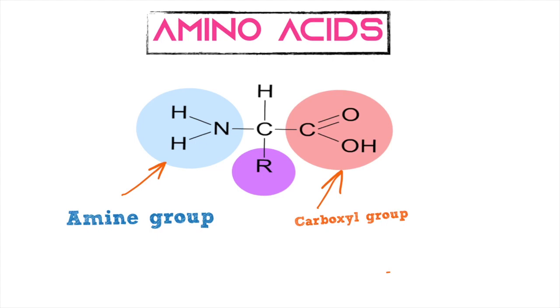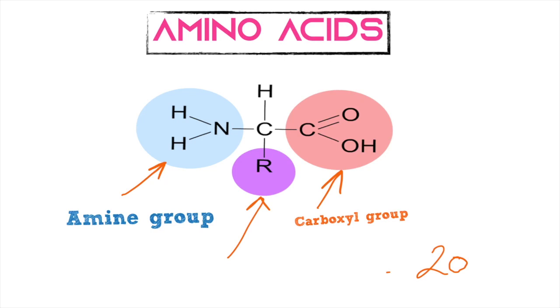In addition to those two groups that are standard for every single amino acid, amino acids are different by their R group. So this R group is different from one amino acid to another. There are 20 different amino acids in nature. Each amino acid is different by a different R group.